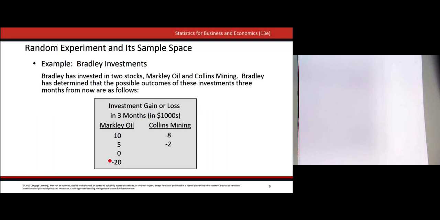So you have 4 possible outcomes from Mark Lloyd and 2 possible outcomes from Collins. This can be considered as a 2-step experiment. You have 4 from Mark Lloyd and 2 from Collins, which is 8 outcomes. Total 8 outcomes from this investment.